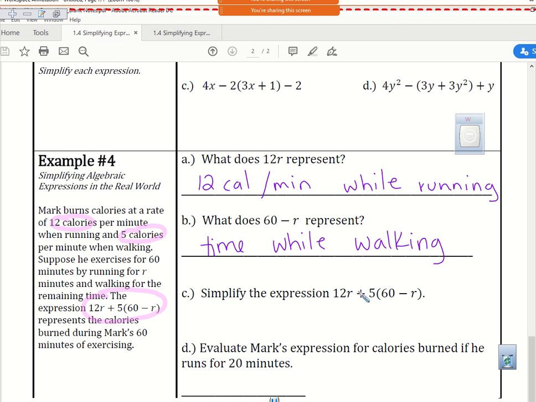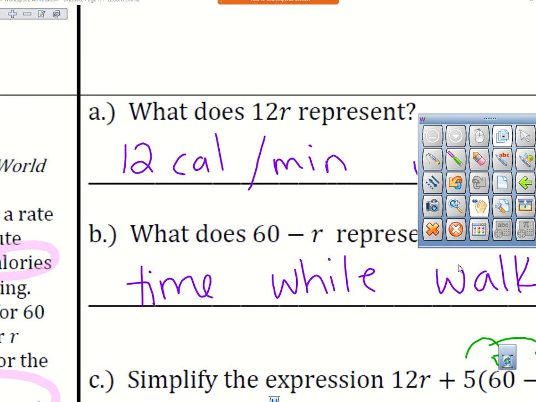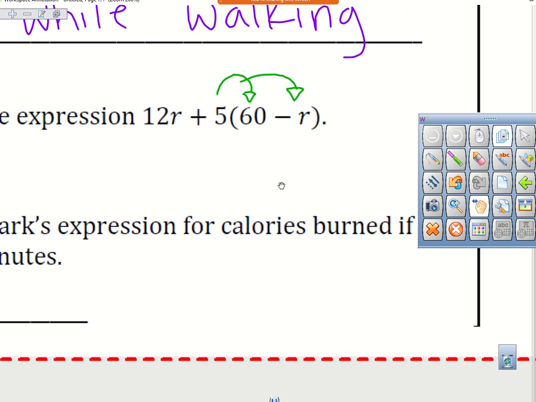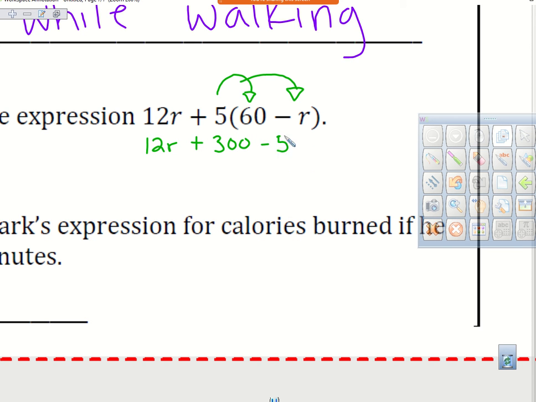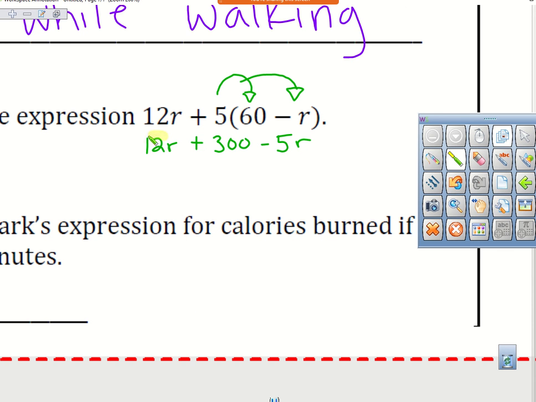Letter C says simplify the expression. So we need to start with distributing through the 5. Distributing my 5 here. Again, this 12R isn't going anywhere. I'm just writing that down. Plus 5 times 60 is 300. 5 times negative R is negative 5R. Now I'm combining like terms. My R's are like terms.